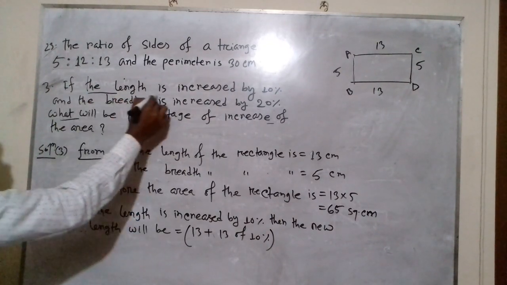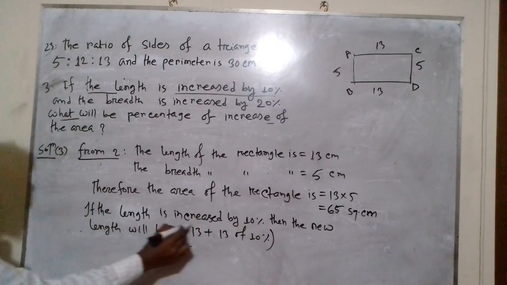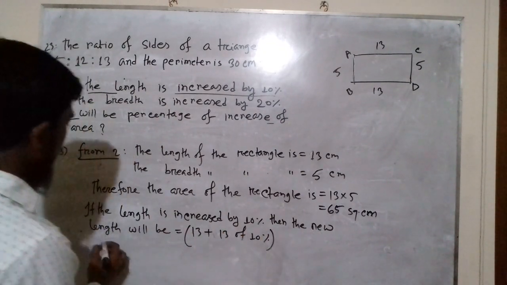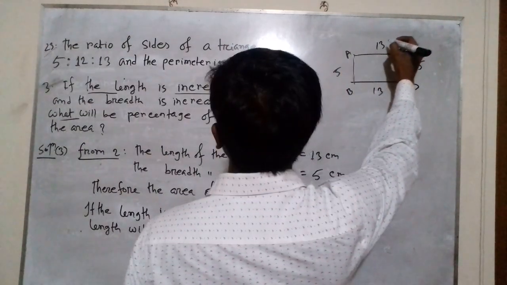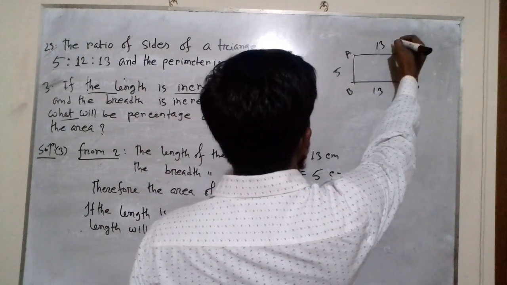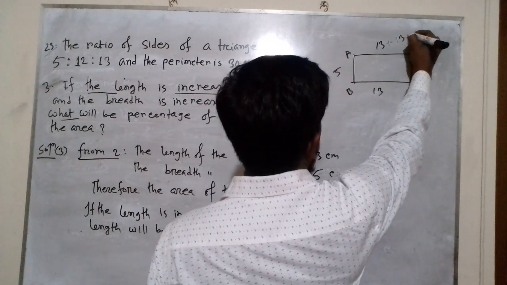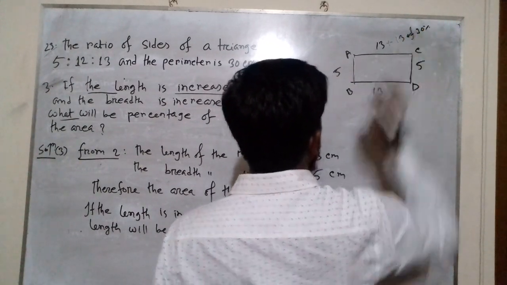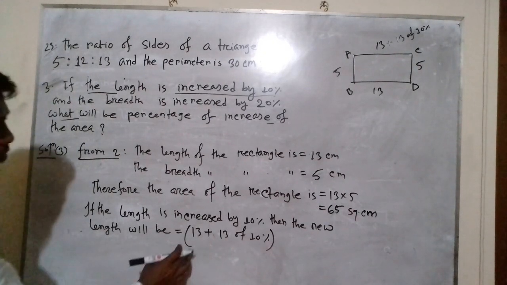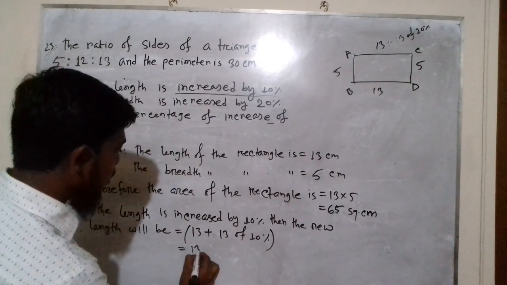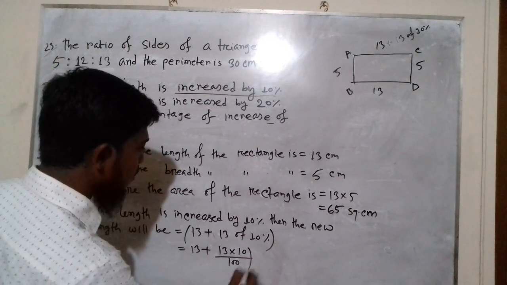Okay. Now look, if the length is increased by 10%, then the new length is 13 plus 13 of 10%. So this equals 13 plus 13 into 10 divided by 100.